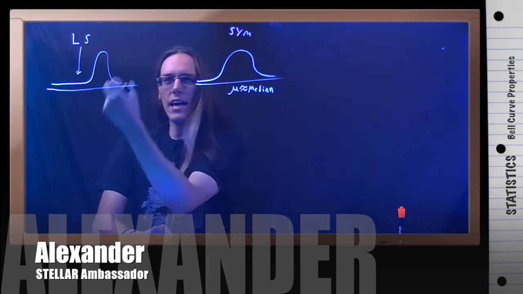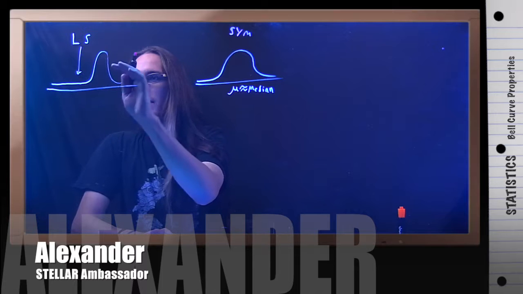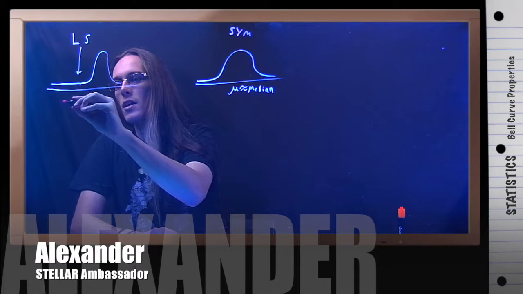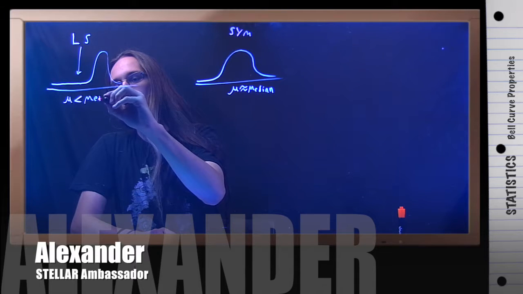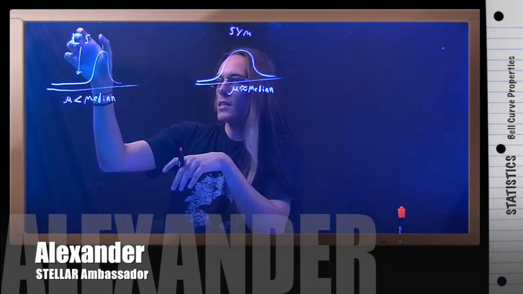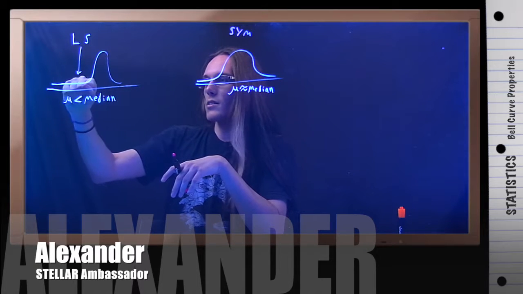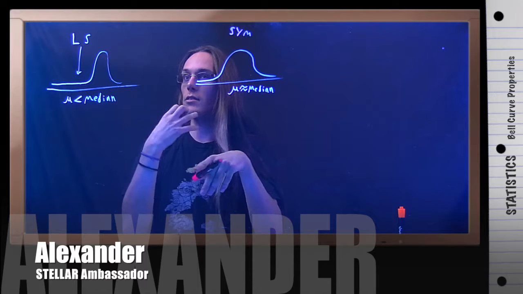The reason it's left skewed is, first of all, the mean, if I add up everything and take the average, would actually be less than the median. And what's causing this left skew is that you've got some values that are much smaller, like way smaller than most of the rest of the values.